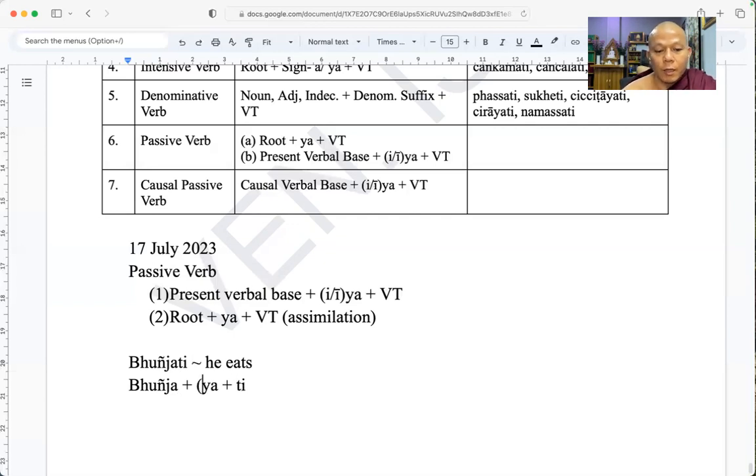Before the "ya," E is added. So the passive verb is bhuñjiyati, or bhuñjiyate. In this way it means is eaten. The passive verb is in this way, is eaten.